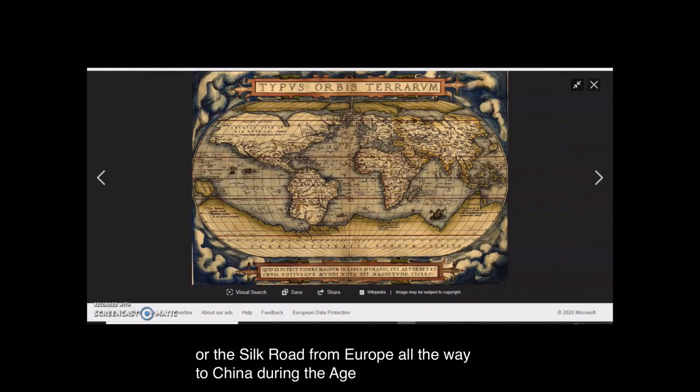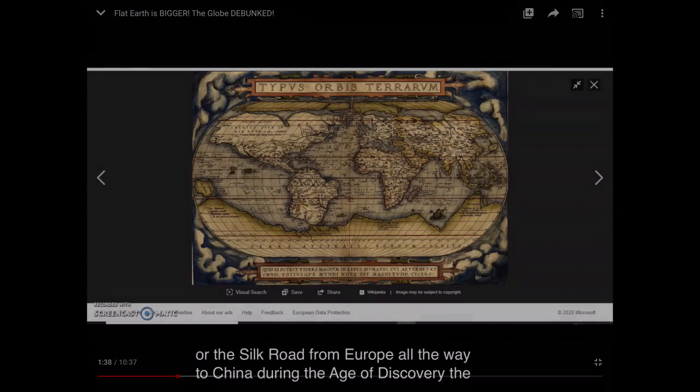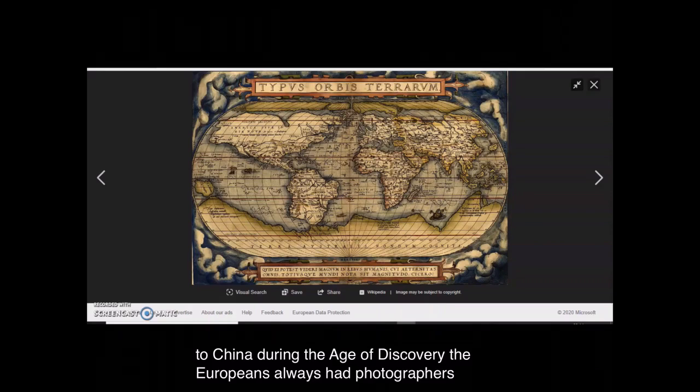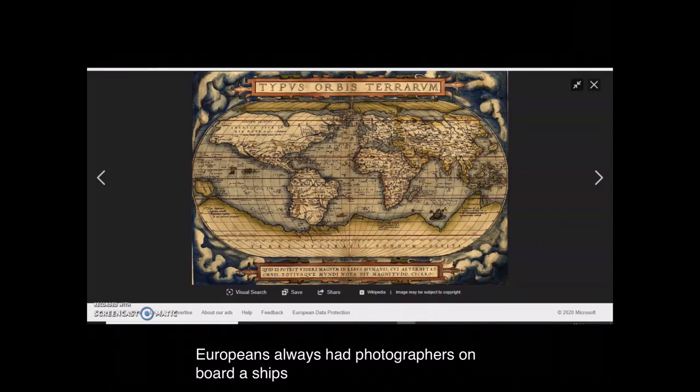During the Age of Discovery, the Europeans always had cartographers on board their ships. That is true. They wanted to map out the world. Now, this picture here is, as you can see, not very accurate. Today we can launch satellites into space and scan the world, so we now know the true shape.